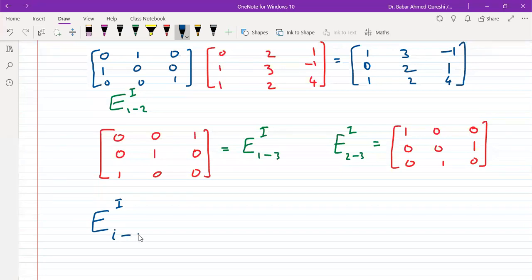For any i, j exchange, take the identity matrix and exchange rows i and j in the identity matrix.